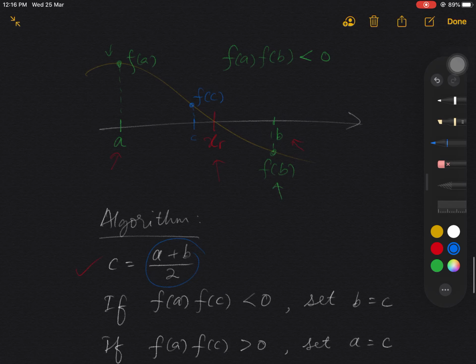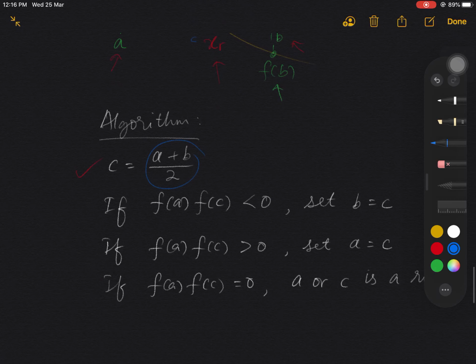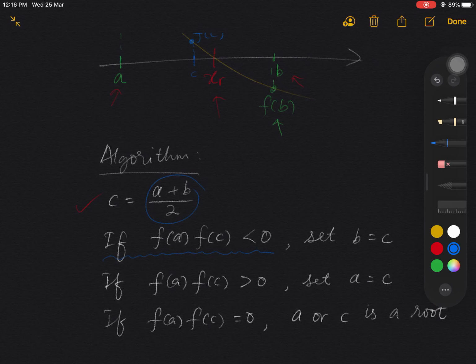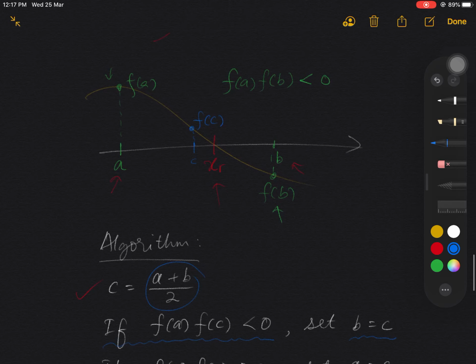Now the algorithm for the bisection method is: if FA times FC is less than 0, we set the new boundary B equals C. In this case, FA and FC are both positive, so FA times FC is positive.